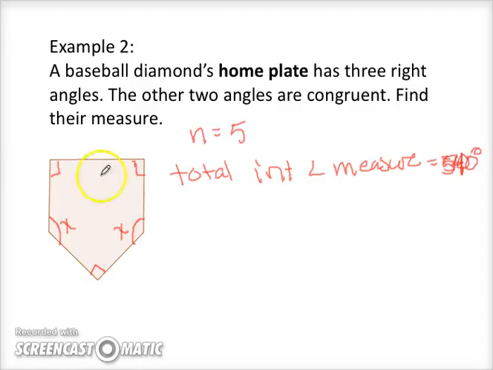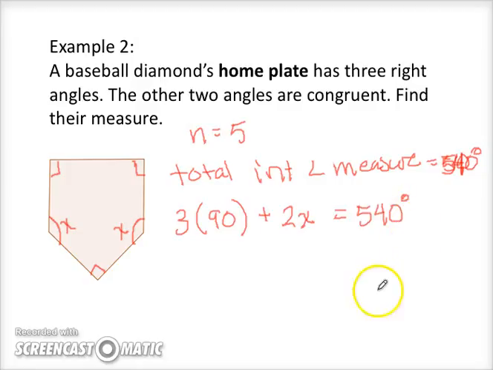So what we have here is 5 interior angles. We have 3 90-degree angles. So I'm going to say 3 times 90 degrees plus, now we have 2 of these mystery angles, 2x, must total 540 degrees because this is a five-sided figure.